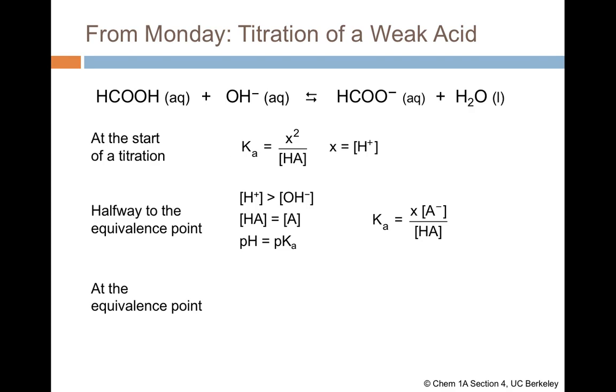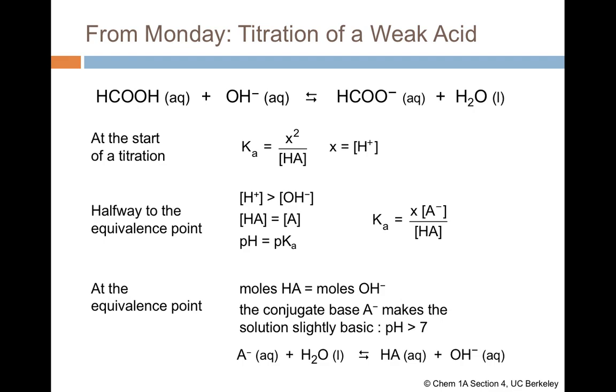And then finally, at the equivalence point is where our moles of HA are equal to our moles of OH minus. But the equivalence point for the titration of a weak acid has one important difference from the equivalence point in the titration of a strong acid, in that the pH at the equivalence point is not equal to 7.